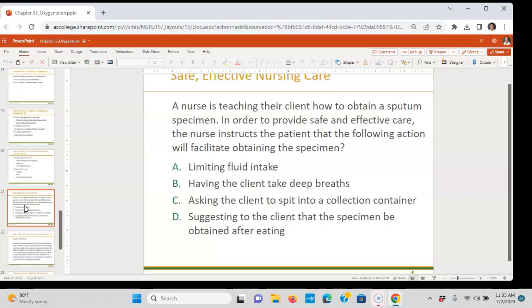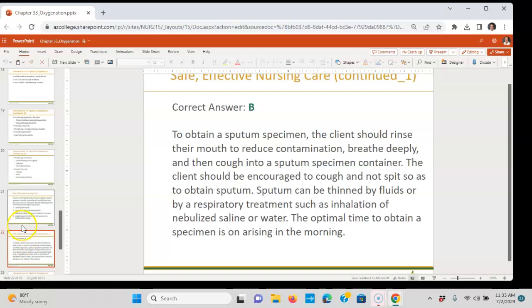Or suggest to the client that the specimen be obtained after eating? Which one? Well, we don't want spit. We want sputum. We don't want it after they eat.